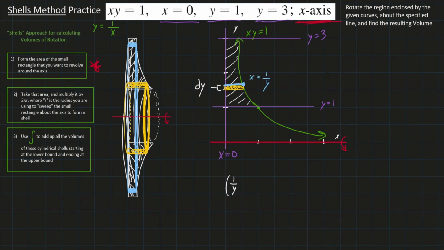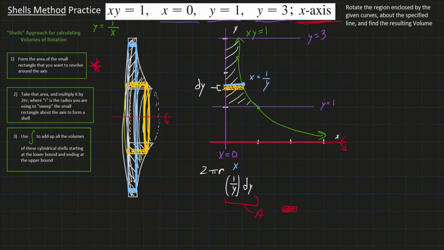So 1 over y gives me the x's, aka the lengths, of all my orange rectangles. And I times it by dy, which will be the width of each one of my orange rectangles. So here is the area of the tiny differential rectangle that I want to rotate about the x-axis. And of course, to rotate it, I times this whole thing by 2 pi r.